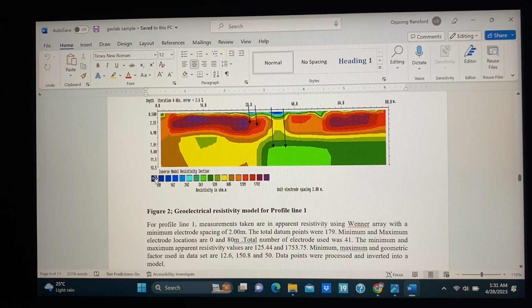So we have colors being displayed below the picture, and these colors represent the resistivity range. We can see that for the blue, we have particular numbers below it: 109, 162, 242. For the green side, heading towards the yellow side, you have 361, 539, and so on. With the red side too, you can see that the values keep increasing.